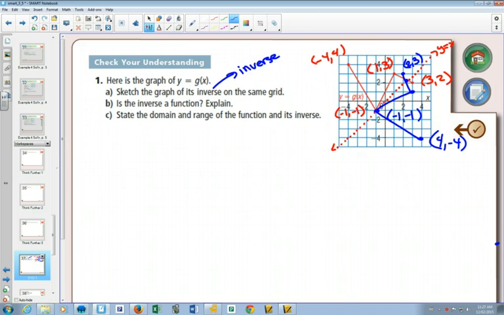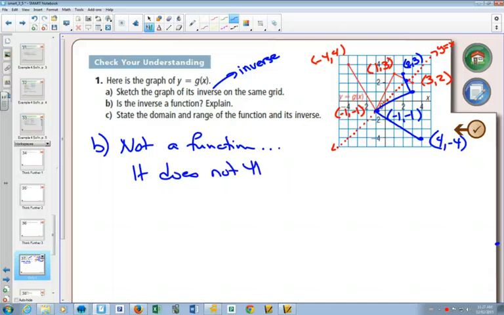Is this a function? No, because some x values have more than one y value. So for part B, it is not a function. We can say it does not pass the vertical line test.